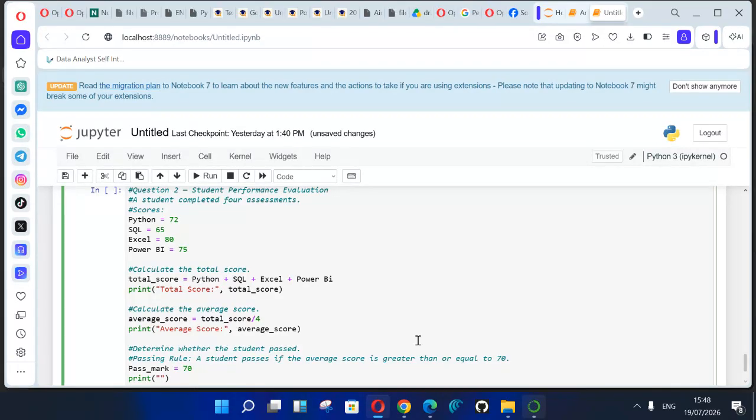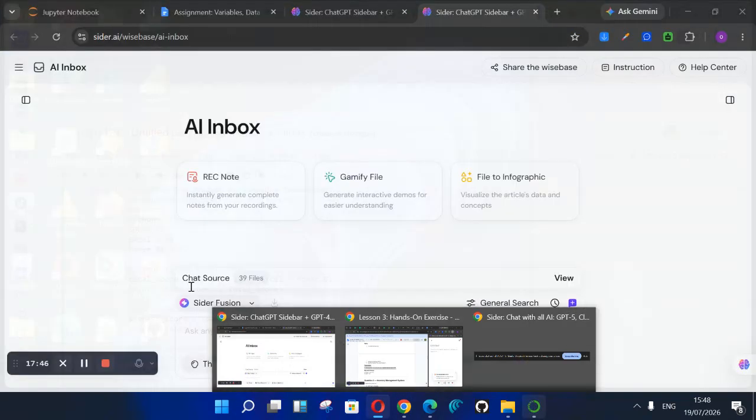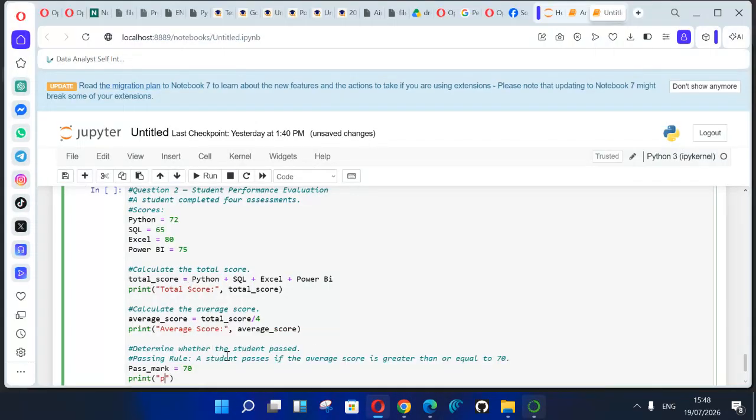The average score is passed, because on the listing I'm sure it's passed, 73. If it's passed, let's just say passed. So the pass will now be what's the other condition? Average score greater or equals to pass mark, which is 70.